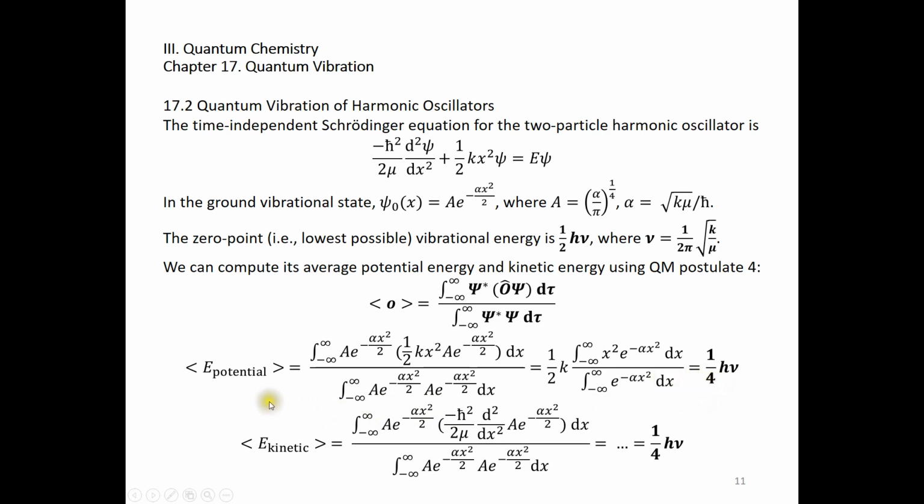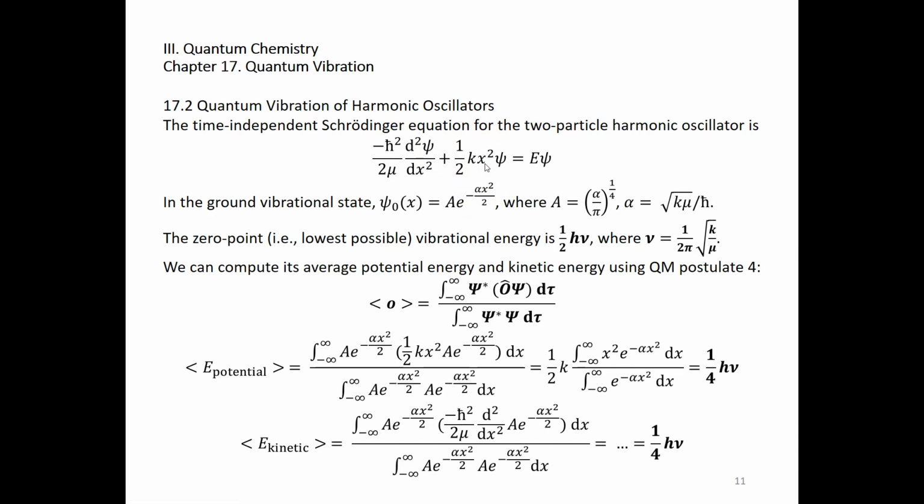Can we determine the exact potential energy? No. Can we determine the exact kinetic energy? No. This wave function is not an eigenfunction of the kinetic energy operator, and not an eigenfunction of the potential energy operator either.